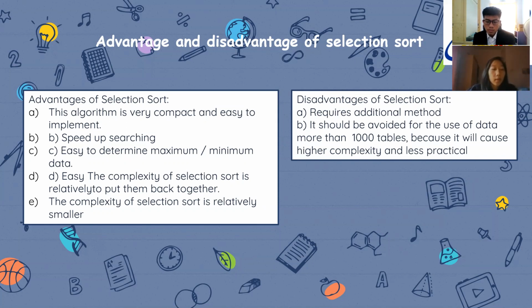Fifth, the complexity of selection sort is relatively smaller. And the disadvantages of selection sort, the first requires additional method, and the second, it should be avoided for the use of data more than 1,000 tables, because it will cause higher complexity and be less practical.